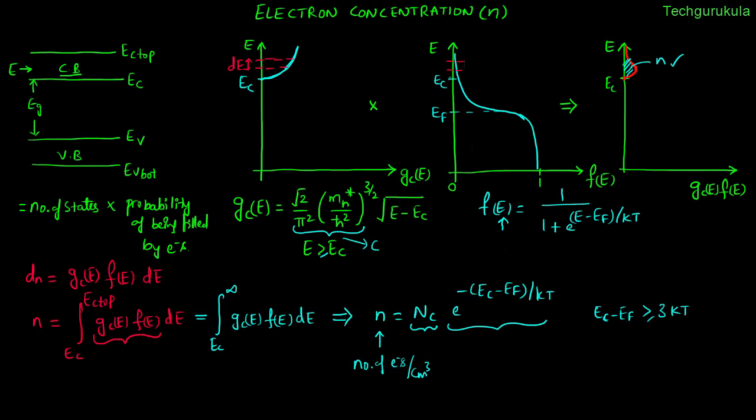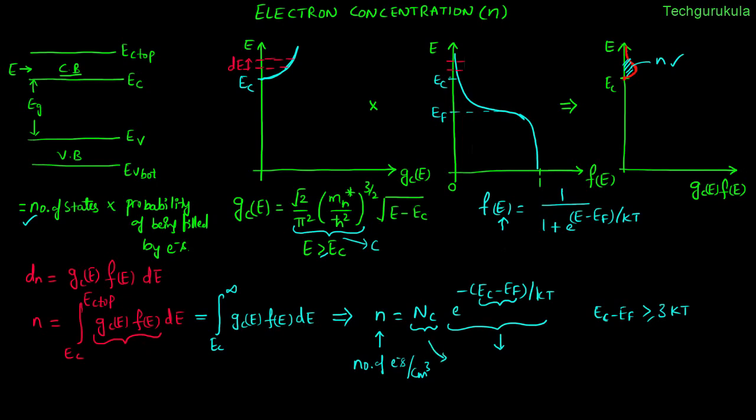But if you see the exponential, it basically doesn't have units, which means it's going to give some fraction or some number. And we have assumed already that Ec minus Ef should be greater than or equal to 3 kT, which means this exponential value would be far less than 1. So we can say this is basically telling us the probability of filling these available states.